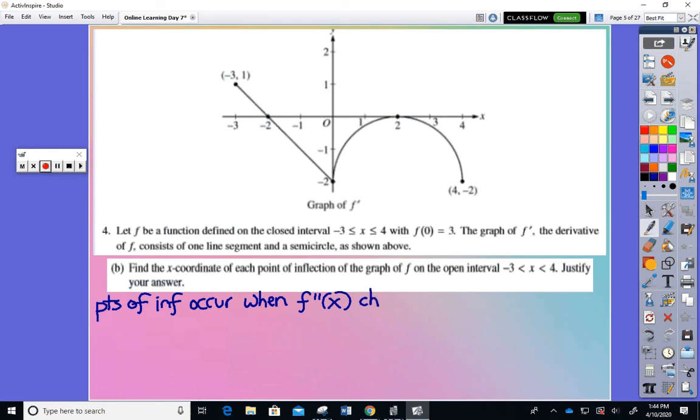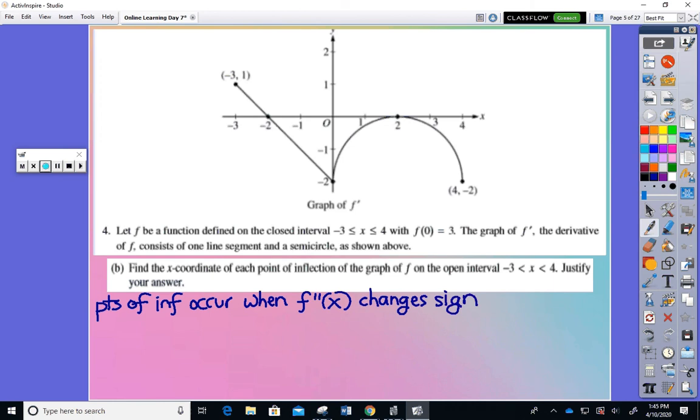So I need to be more careful in a minute because I might actually have to say positive to negative or negative to positive, but for right now I can be general because remember, since the evidence I have is f prime of x, we need to make sure that we always come back to talking about f prime of x.